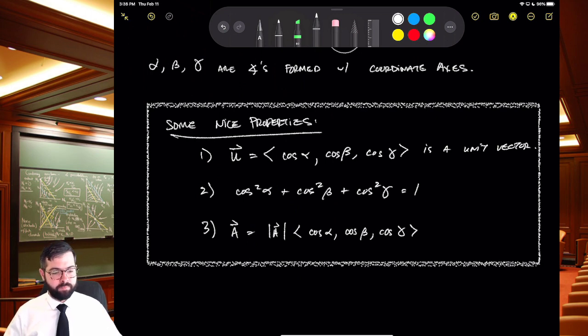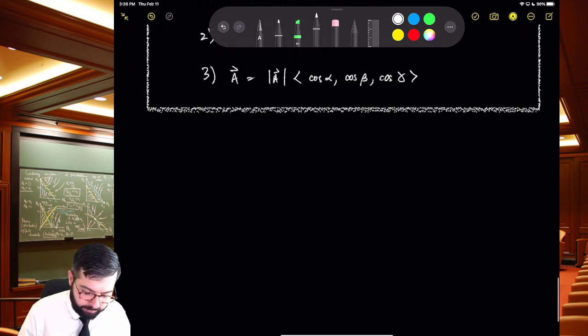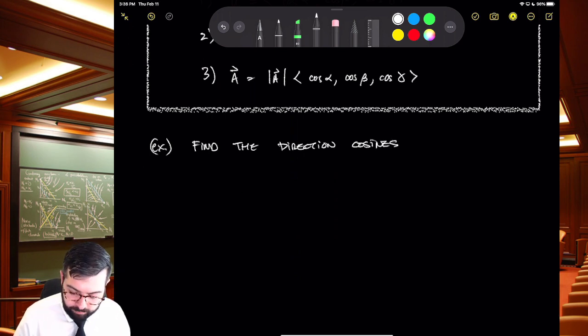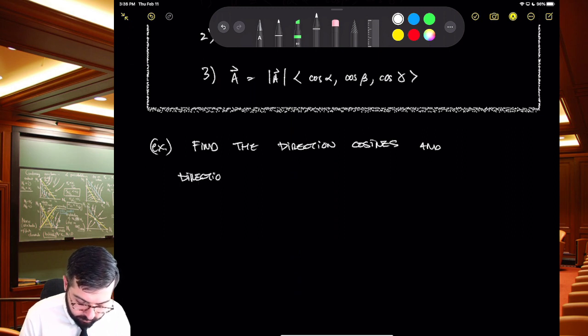So let's do one example here. I think we've got time. So just to practice with these definitions, find the direction cosines and the direction angles if we have time.